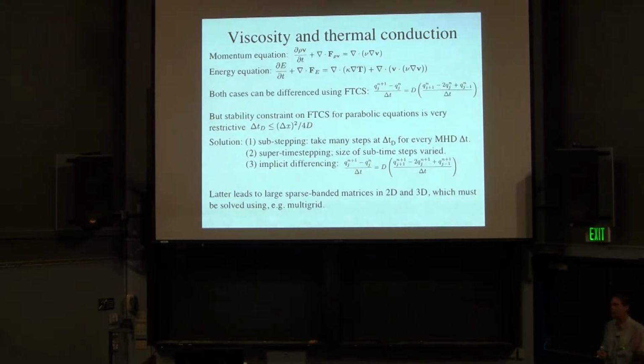That gets us into linear algebra, and I'm not going to talk about numerical methods for linear algebra, but multi-grid and conjugate gradient are all popular ways of doing that. But the point here is that you're beginning to get complicated. Now you're going to have to add in a module for solving large matrices every time step to do the implicit differencing, but that may be the only way forward if you're going to do very, very stiff viscous flows. Yes?